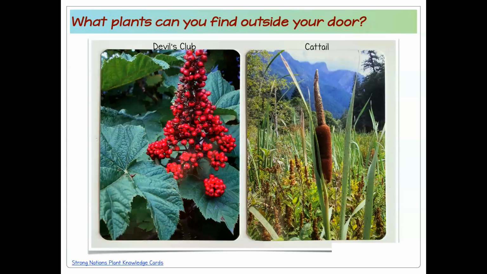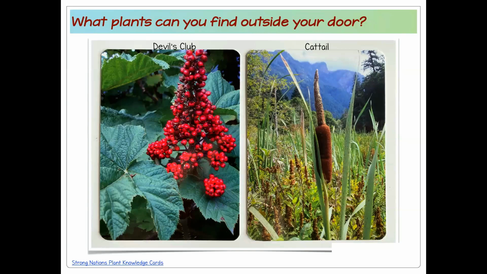I was lucky enough to be working in a school district on the island, and it was interesting because every Tuesday was Forest Tuesday, and the kindergarten group all went out and went for a walk every Tuesday afternoon, rain or shine. They just knew that Tuesday afternoon was Forest Tuesday, and the teacher had these cards, and she had picked out what was common in the area that they usually went for a walk in and laminated them, because often it was raining, and she just had them on a little ring.